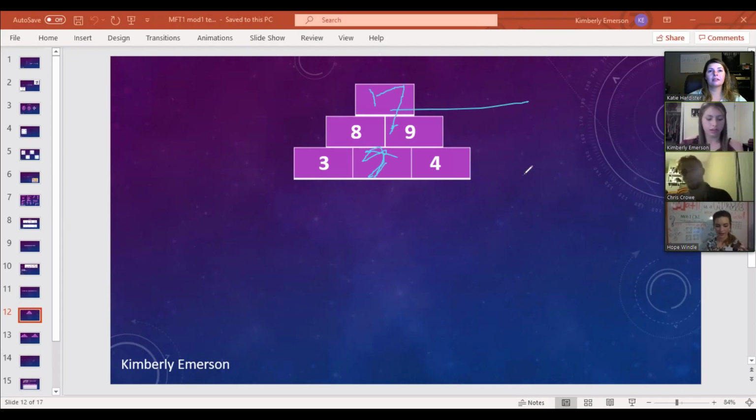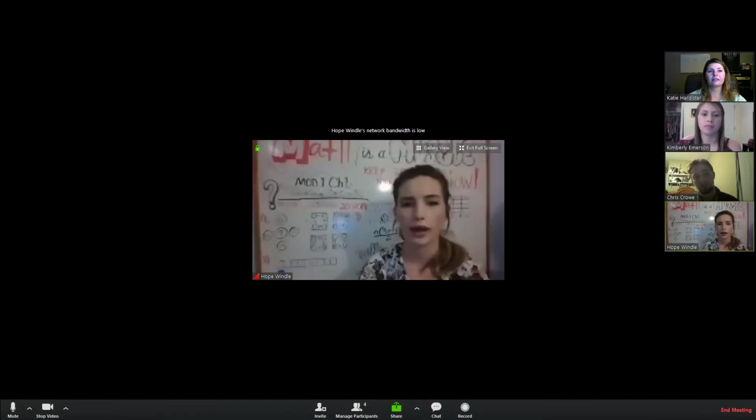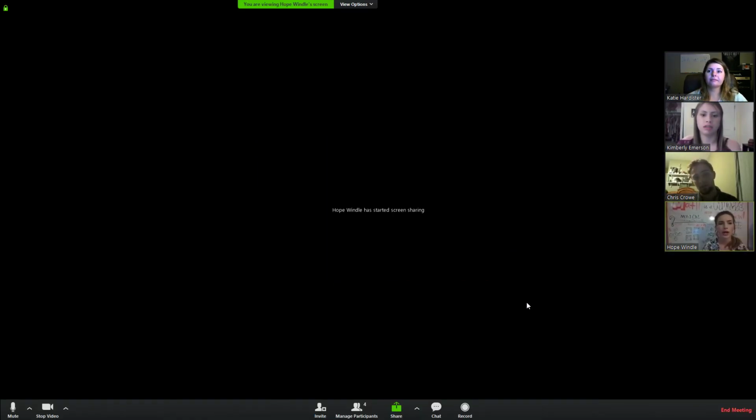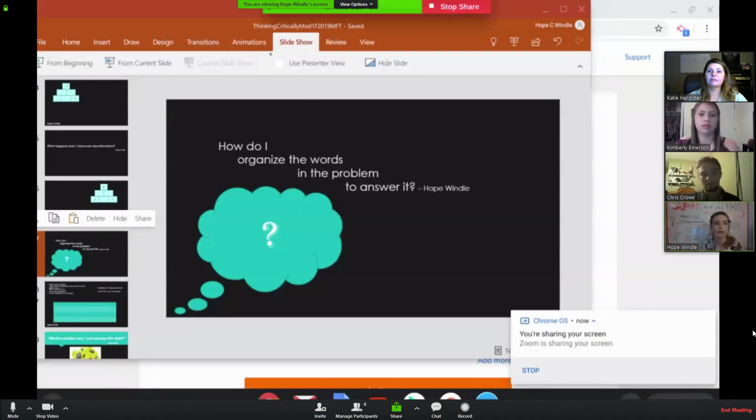And then, Hope, how do I organize the words in a problem to find an answer on a new equation? Okay, so we're going to be working with the word problem. I think this is the one about husbands and wives, and they're playing bridge. Let's go ahead and organize all the words we have in the problem.